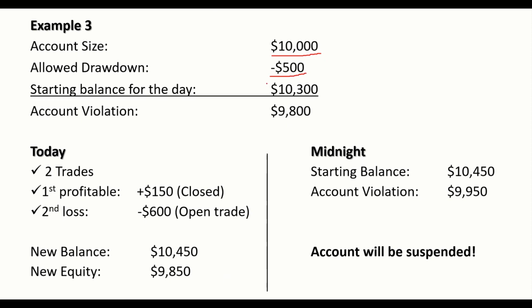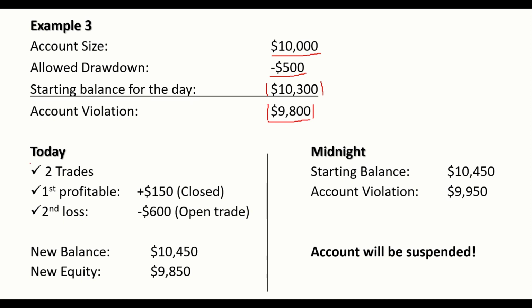Assuming you start today off at 10,300, then your equity for that day should not go below $9,800. If your equity goes below this, then you have violated the account.